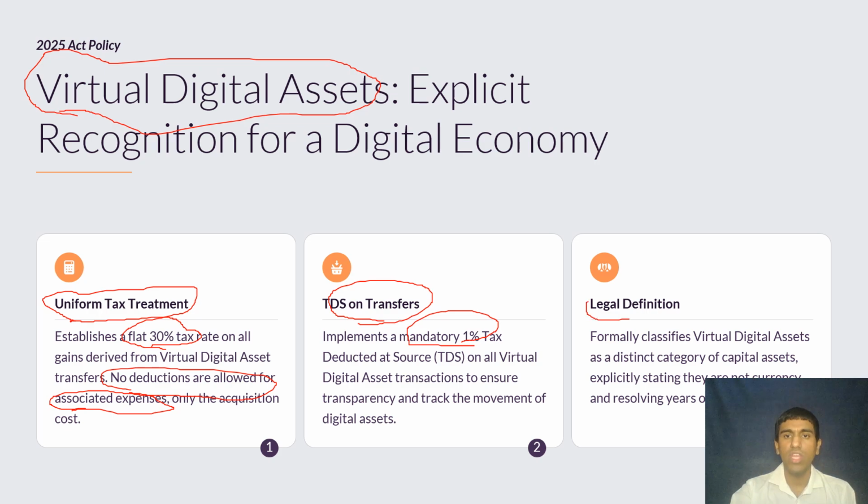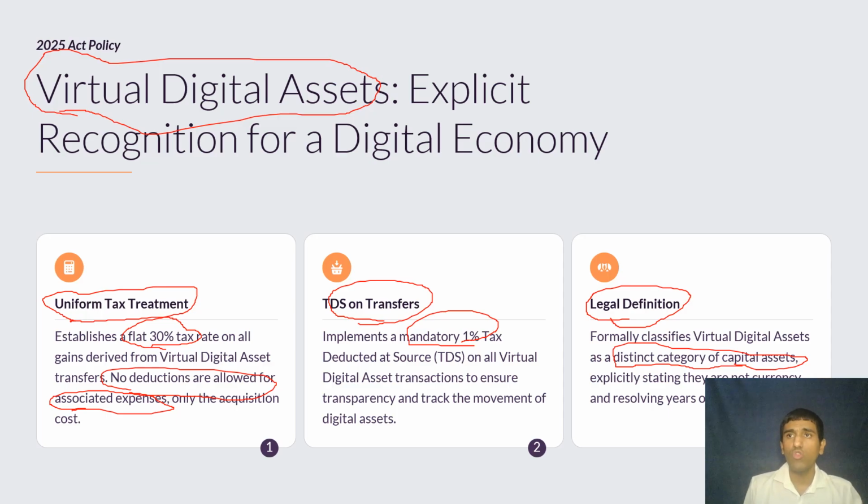Then when it comes to the legal definition, virtual digital assets have now been classified as a separate category of capital assets in themselves. Under the old act, there was no distinct category for VDAs. Instead, they were classified along with other assets, but now VDAs are a separate category. And it has been explicitly stated that they are not currency.